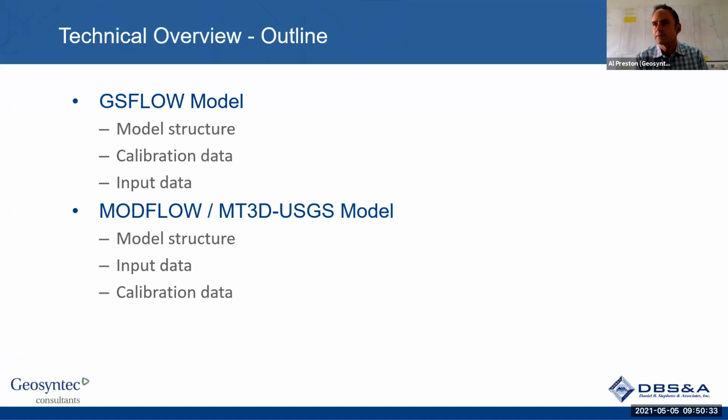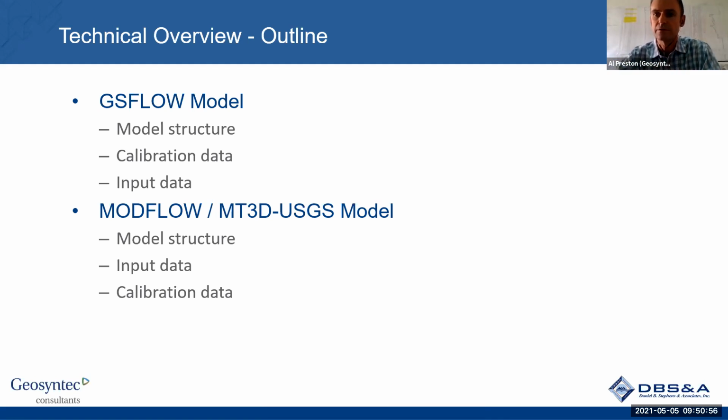So the two models I'm going to talk about are the GSFLOW model, and this is the model that does the surface water hydrology, and it calculates how the water arriving at the land surface through precipitation runs off into the streams, percolates into the groundwater, and also comes back from the groundwater to the surface water.